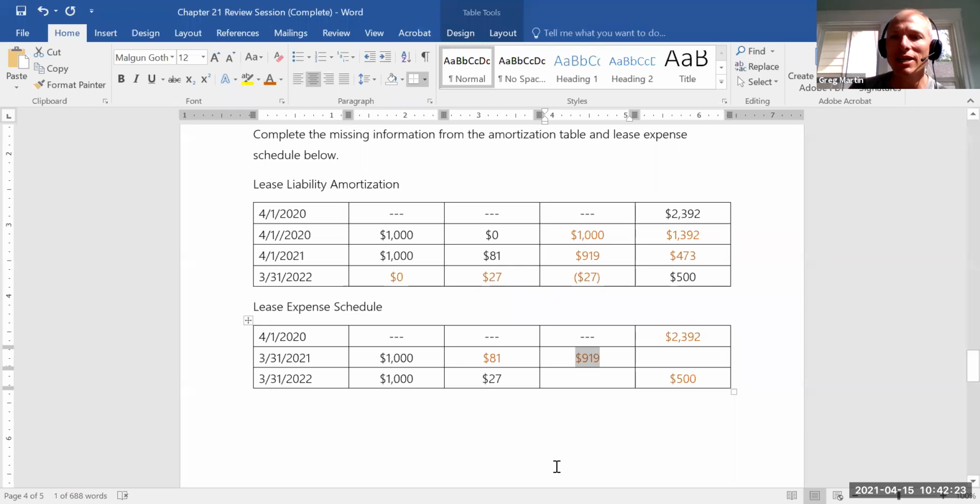It must be 919, which means what must the new carrying value be? $1,473. Now Kyler put 1392 because she probably took this number from up here and brought it down.